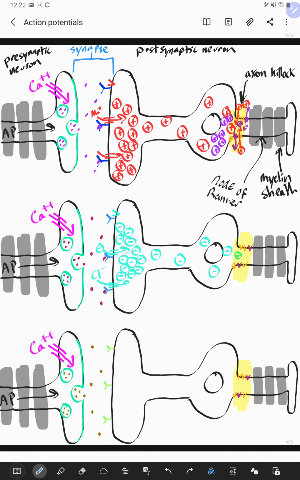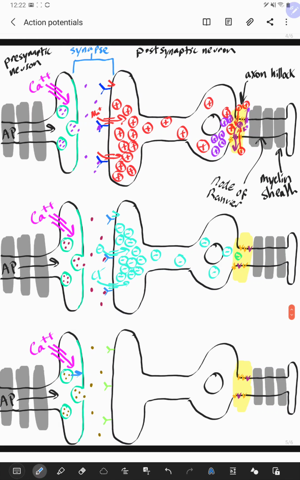When calcium enters the cell, it causes these neurotransmitter globules to move in this direction and fuse with the cell membrane. And when they do so, they release their contents, which is neurotransmitters, into the synapse.